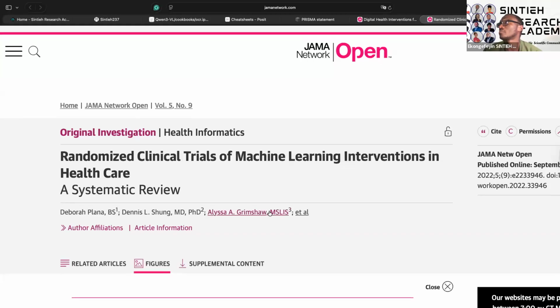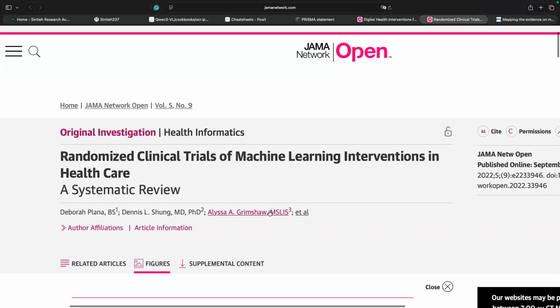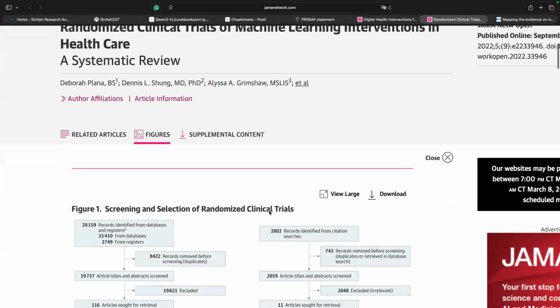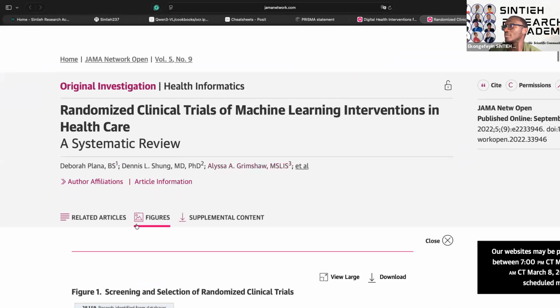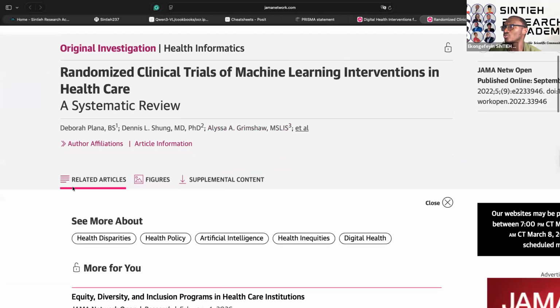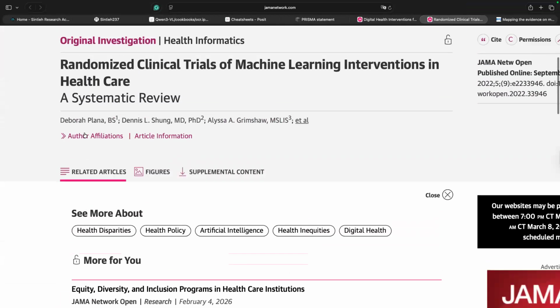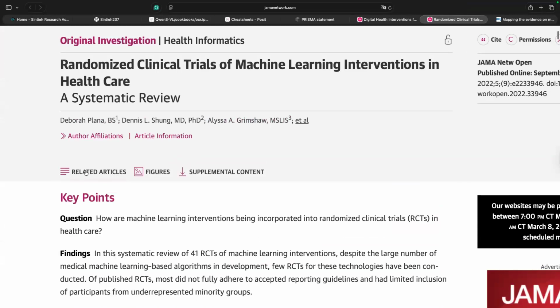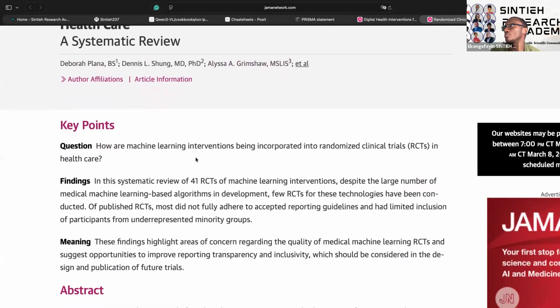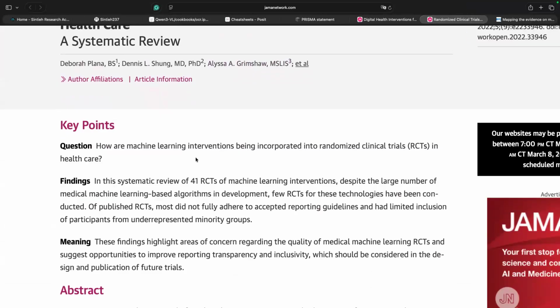Read this one as well. Randomized clinical trials of machine learning interventions in healthcare, a systematic review. All right. I just want to take you back to the key question. Read the question. How are machine learning interventions being incorporated into randomized control trials in healthcare?